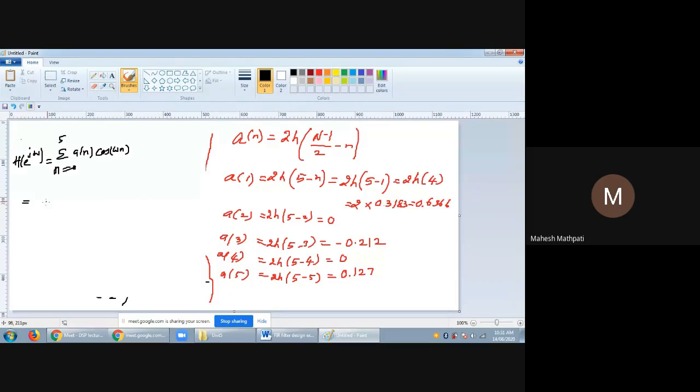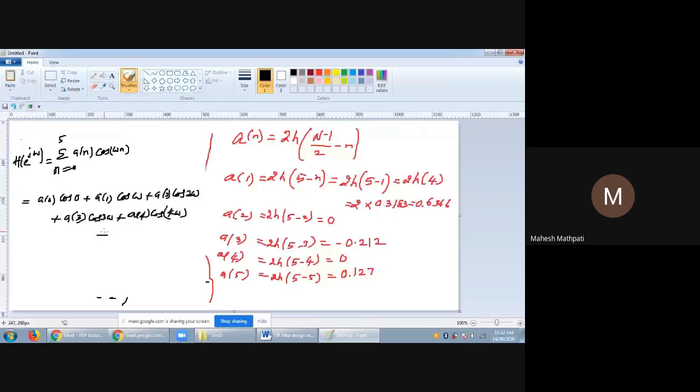If I expand this, I will get a of 0 cos 0 plus a of 1 cos omega plus cos 4 omega plus a of 5 cos 5 omega. Hope you all have understood this.